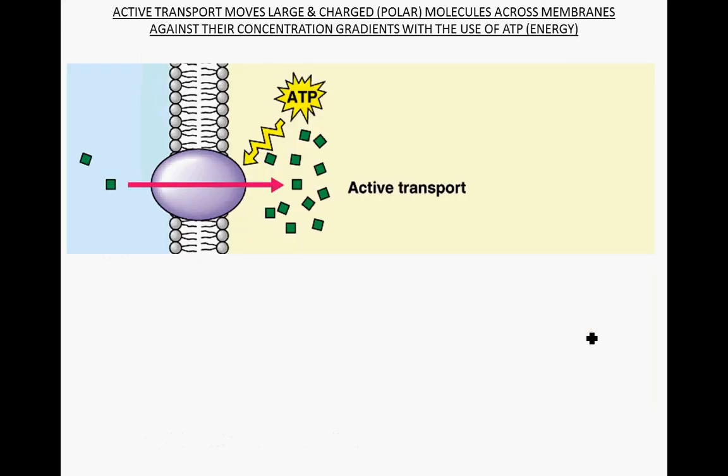Let's talk about active transport. Active transport has a specific definition here, and this active transport is going to be a method of transport of getting molecules from an area of low concentration to an area of high concentration.